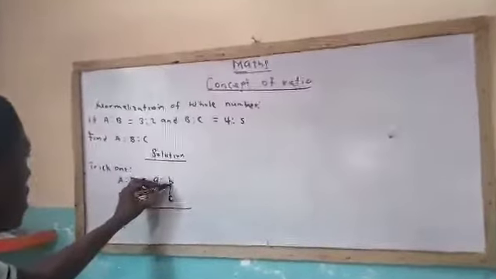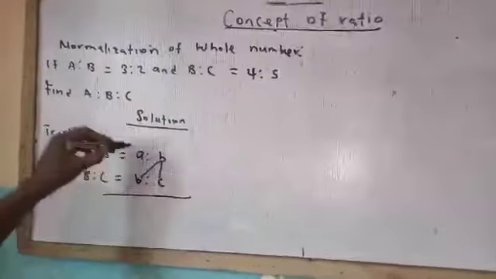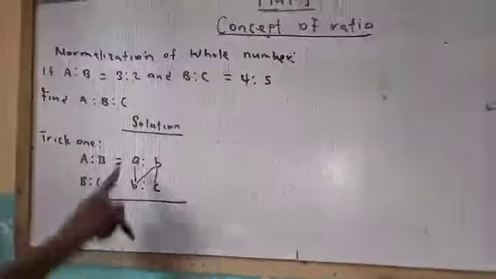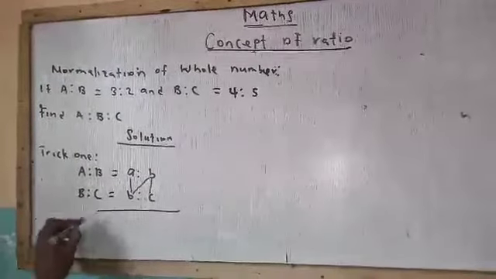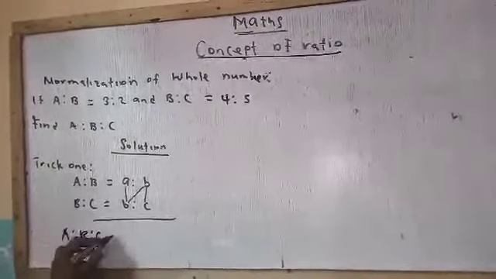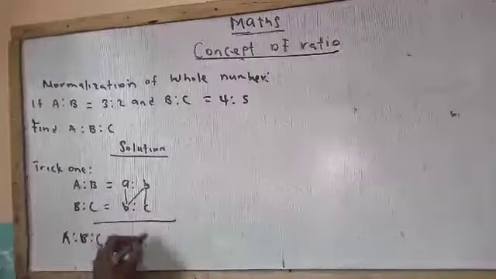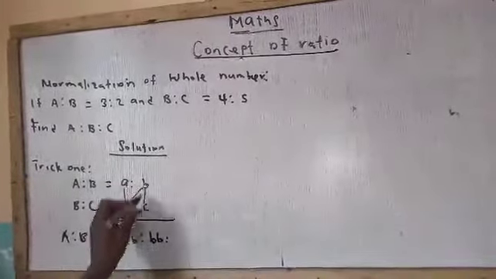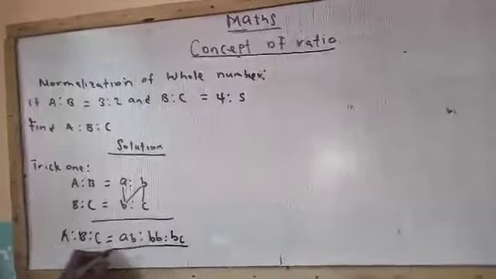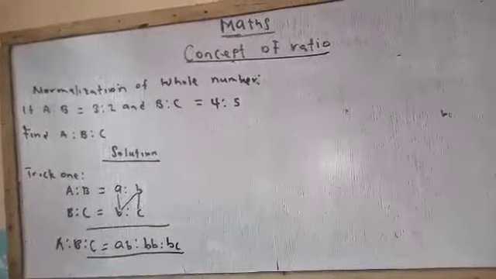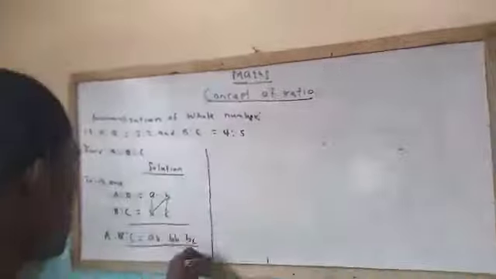This one will take this, will take this, just like we're forming the pattern of N. So in a nutshell, A ratio B ratio C gives us ab ratio bb ratio bc. If we apply this trick, we're going to get our answer straight. So let's do it here.